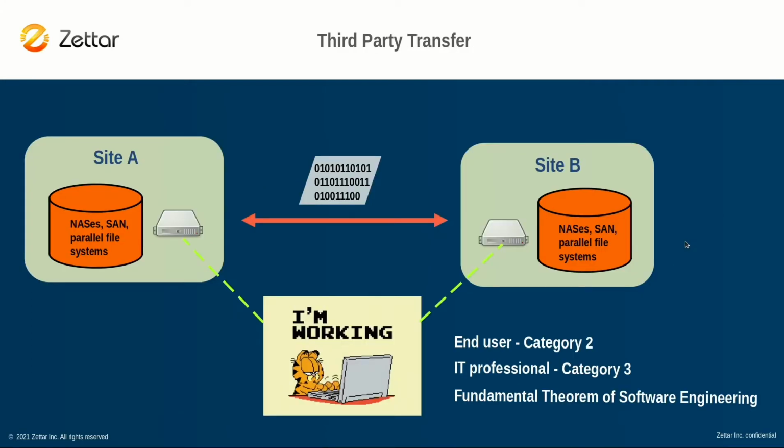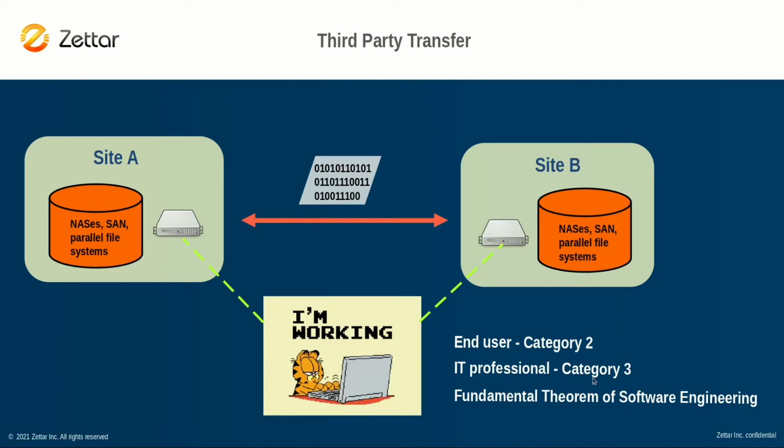Next, I will introduce the concept of third-party transfer. It's also a kind of man-in-the-loop style data movement. A human operator issues instructions to data movers running remotely to move data between distinct storage services. Both data movement category 2 and category 3 have this style of transfer as a subset.